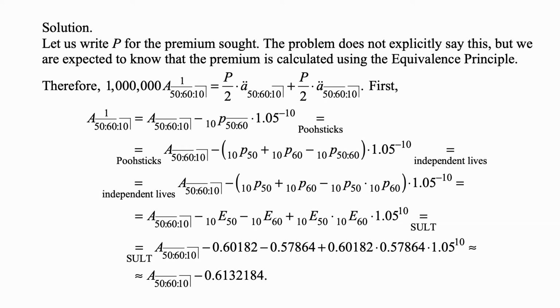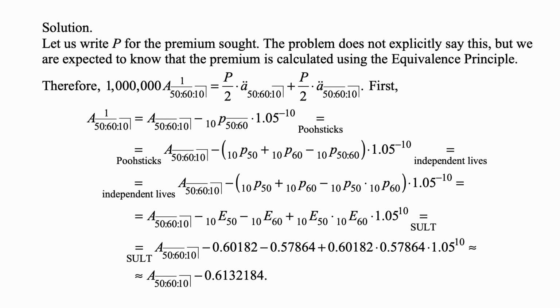If we had another one to multiply, then we could write this also as 10E 60, but we don't, so we have to make up for using another one by writing its reciprocal, which is 1.06 to the 10th. Now all of the values here are in the table. I'm just leaving the pure endowment term alone because I'm going to find it from something that is in the table.